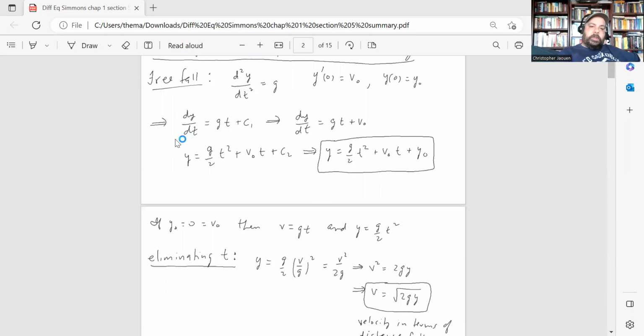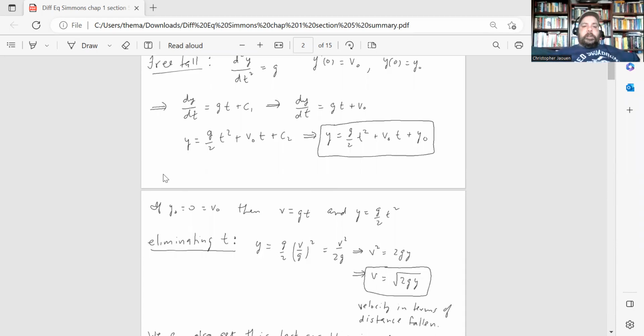So you just anti-differentiate. The first derivative, or the velocity, is gt plus some arbitrary constant. And if you plug in 0 for t, you get that c1 is equal to v0. So in other words, the initial velocity. So the velocity looks like this: gt plus v0, and then anti-differentiate with respect to t one more time.